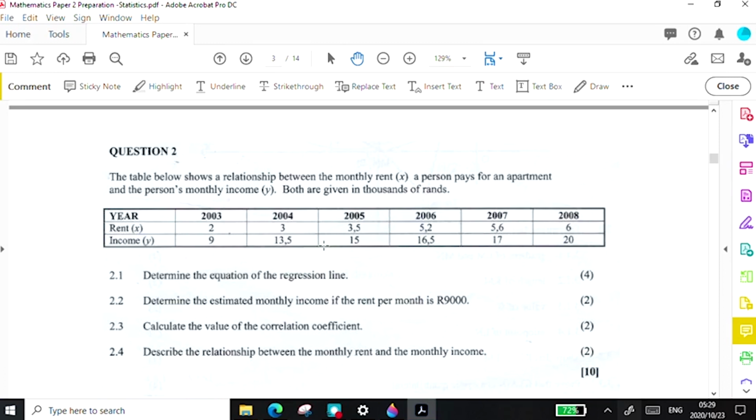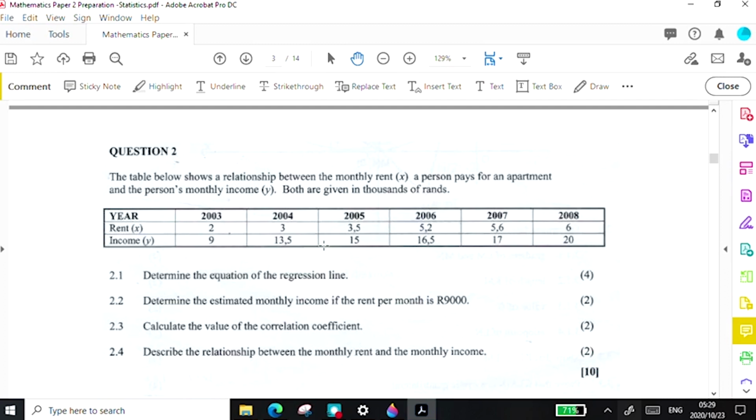Now, to find the equation of the regression line, all we need to do is capture the data into our calculator. Here I'm using a KSL calculator. The first thing you need to do is set it up to stat mode. You go to mode, which is right next to the on button of your calculator.